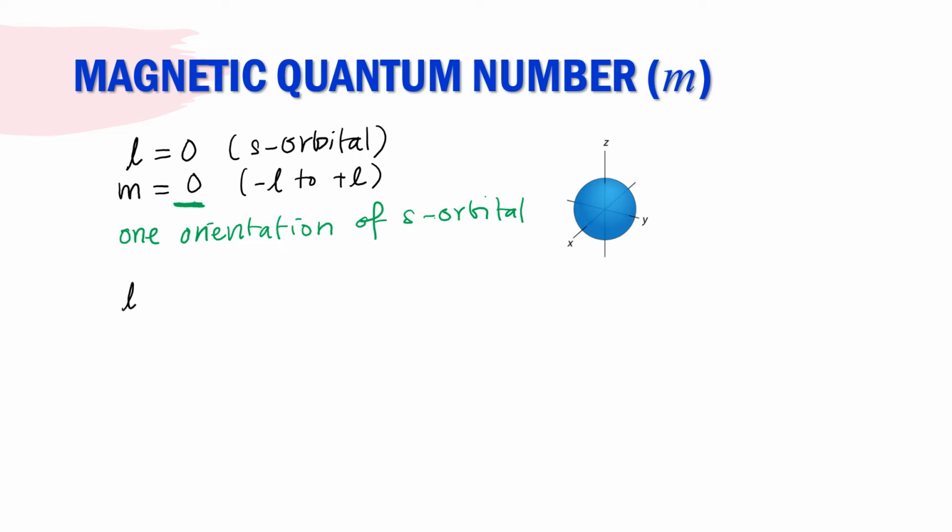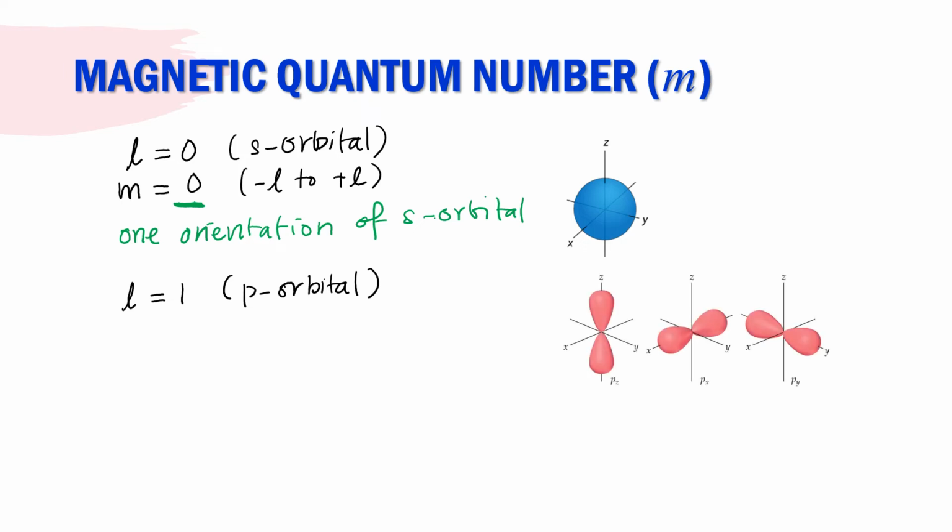When the L value equals 1, this represents the p orbital. The m value can be from negative 1, 0, to positive 1.